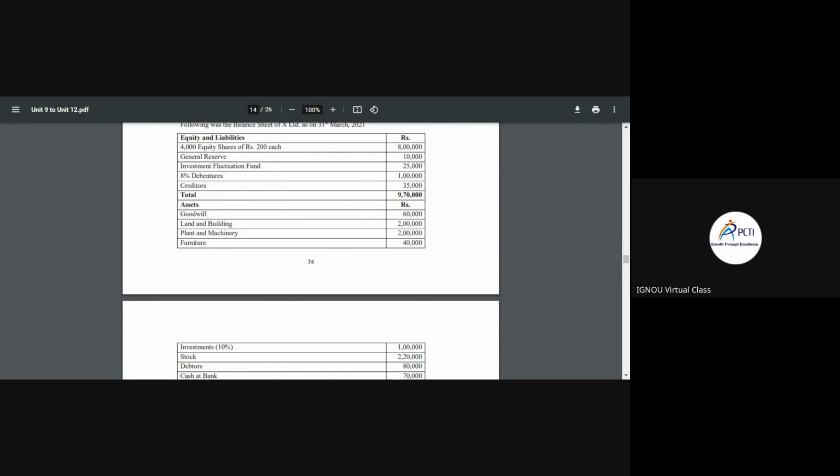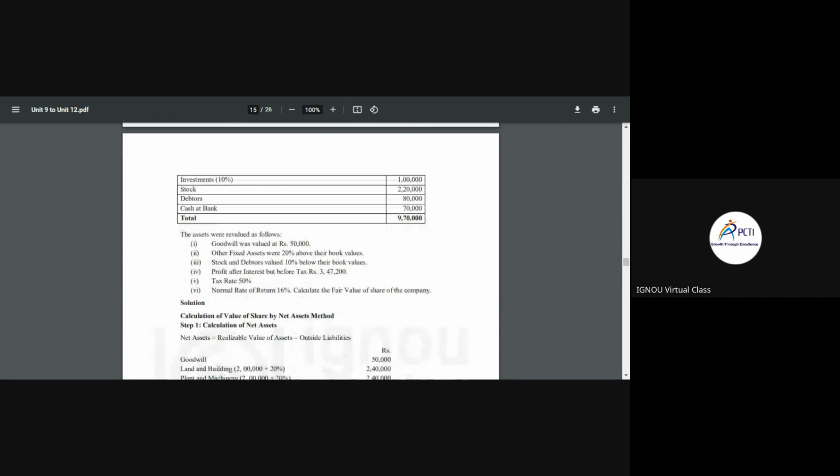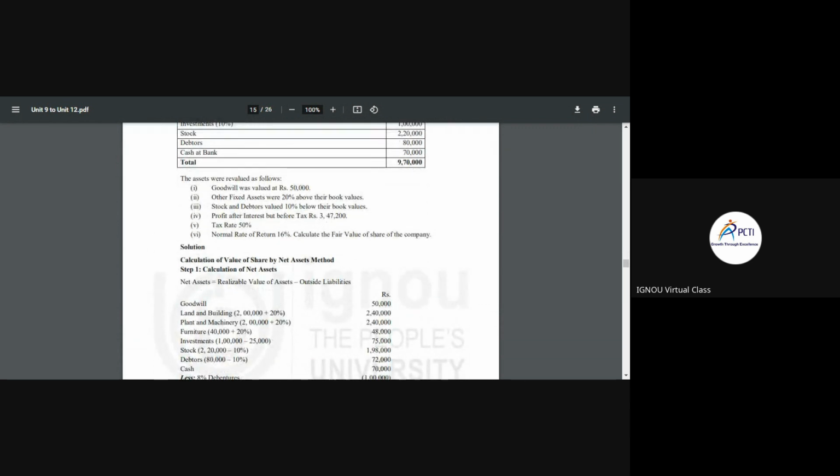We have an illustration. We have a balance sheet, then we have some additional information that the assets are revalued as follows. Goodwill was valued at rupees 50,000. Other fixed assets were 20,000 above their book values. Stock and debtors valued 10% below their book values. Profit after interest but before tax is rupees 3,47,200.